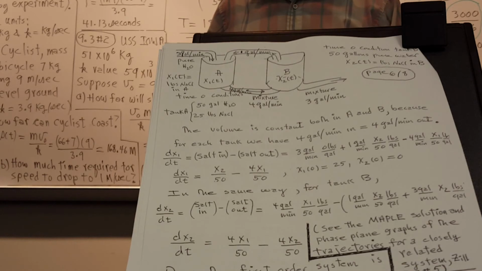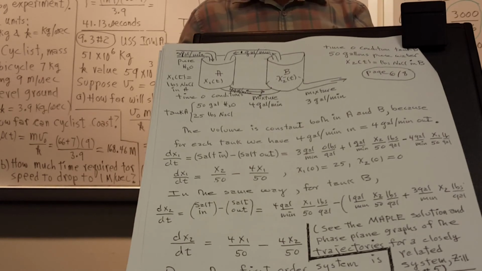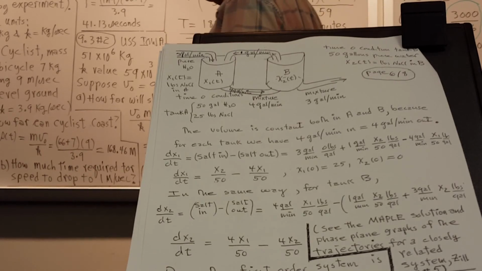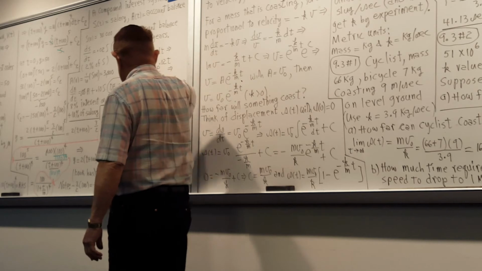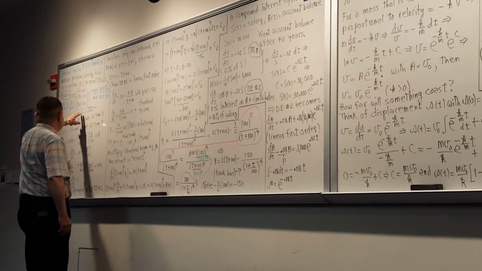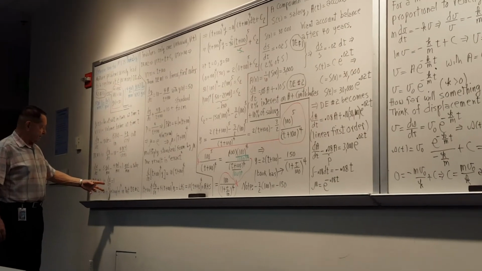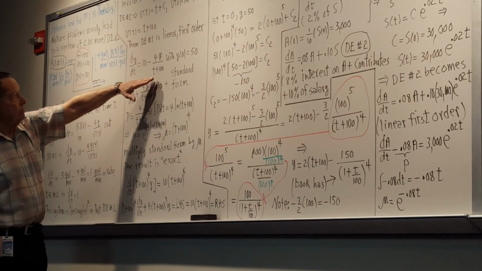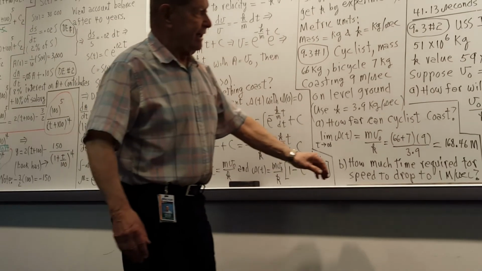They've got all of the Detroit sewage going into their water system, and some of it is going back into tank A. So what you'll find when we write the differential equations is that it's not like our example here where you could solve one of the differential equations and take its answer into the other one, or the example that we have here with the single tank where we could solve the differential equation for the variable volume and then take that solution and put it into the other one and get the linear first order. So let's see what you do get.